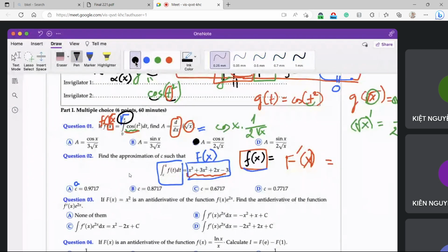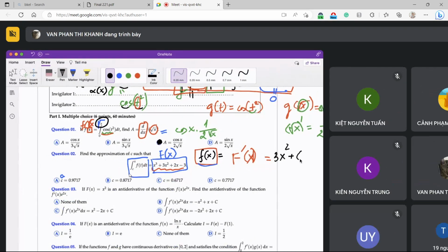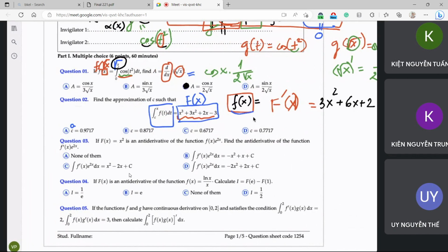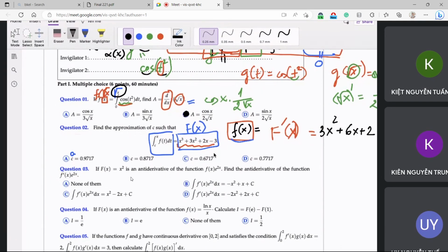Right. This is 3x squared plus 6x plus 2. Yes. Okay. Because the inner function equals the derivative of the outer one, right? So it equals to derivative 3x squared plus 6x plus 2.